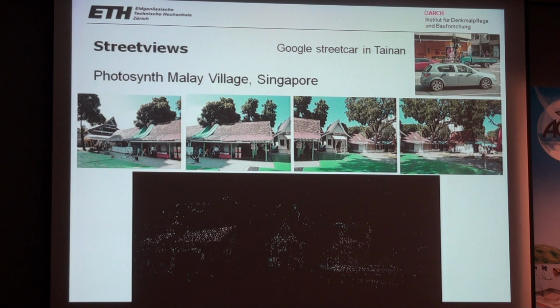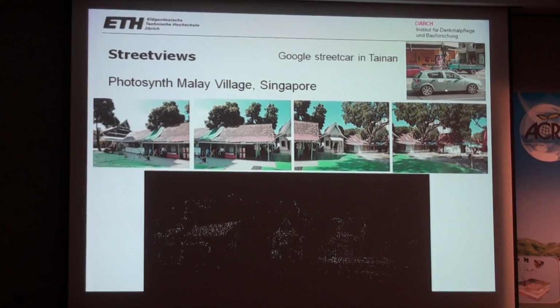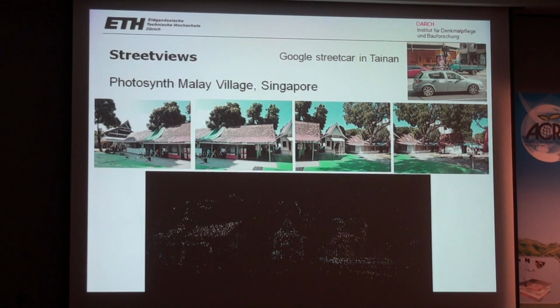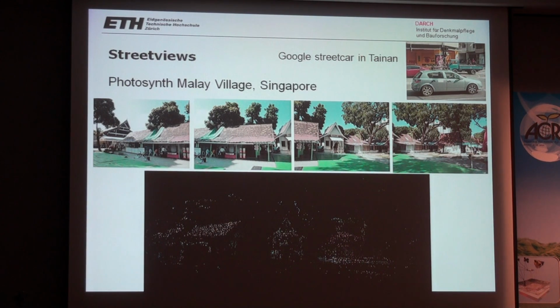Then we have street views. Street views are very popular among young people. You have this car, which I saw in Thailand, the Google Street car, taking thousands and millions of images, and then processing the data fully automatically. I used Photosynth, the Microsoft software, on this data set in Singapore, Malay village, and it returned a point cloud which is hard to understand.